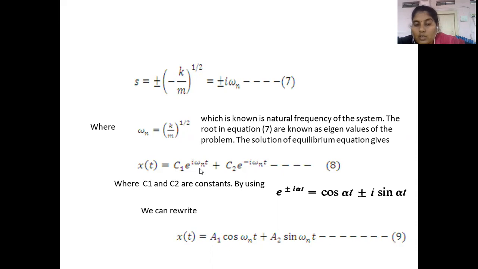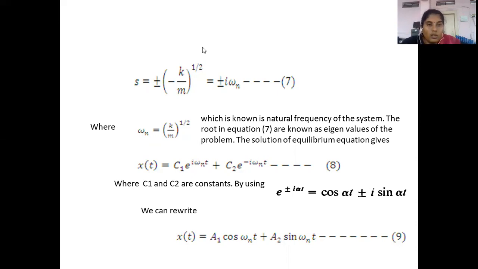Now we'll move towards the next one. e raised to plus or minus i alpha t. Okay. So put this formula over here in the equation number 8.